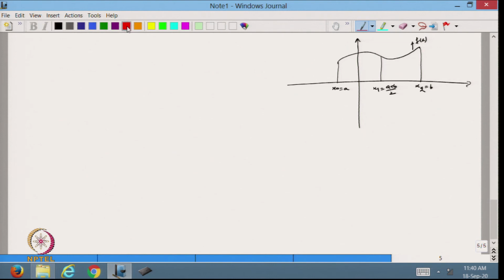Now, this is my function f(x). I can approximate this function with a quadratic interpolating polynomial. What is the quadratic interpolating polynomial? It is a quadratic passing through these points. I call it p2(x). Now we are approximating our function with p2(x) and some error will be introduced, and then we find the integration under this p2.